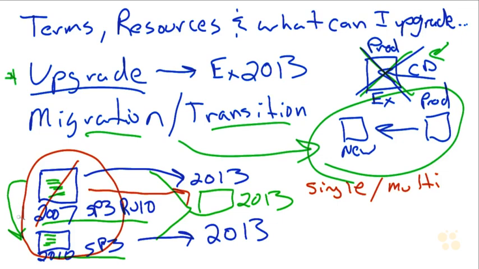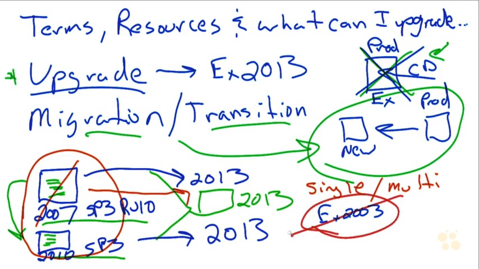Now, did you just mention this? I don't see Exchange 2003 on my little list here. Upgrading 2003 to 2013. What about if you have Exchange 2003 and you want to upgrade to 2013?